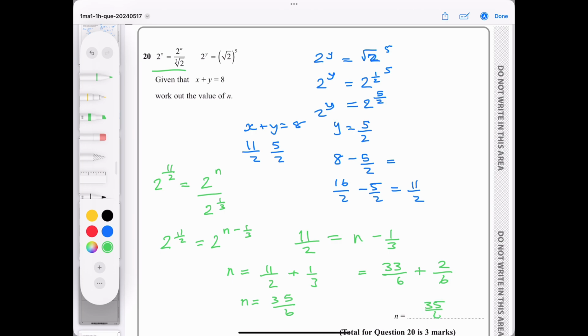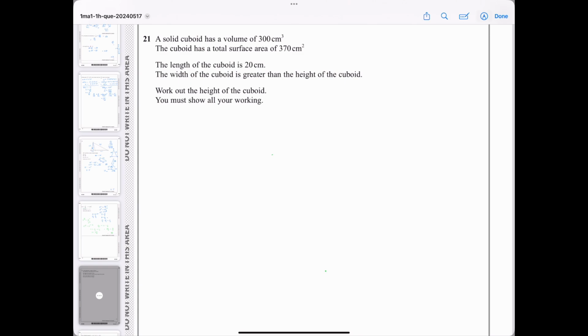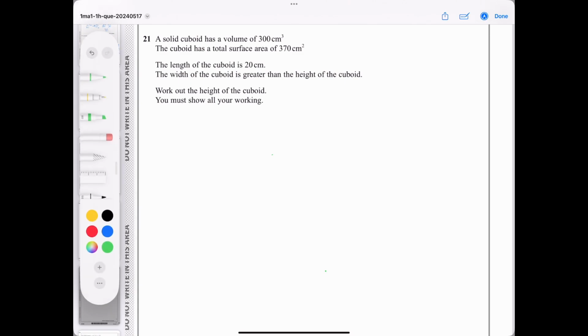It does seem like a remarkably tricky question, but on to 21. What we're looking at here is a solid cuboid. It has a volume of 300 centimetres cubed and a total surface area of 370 centimetres squared.